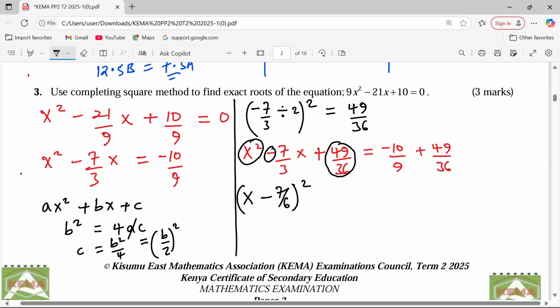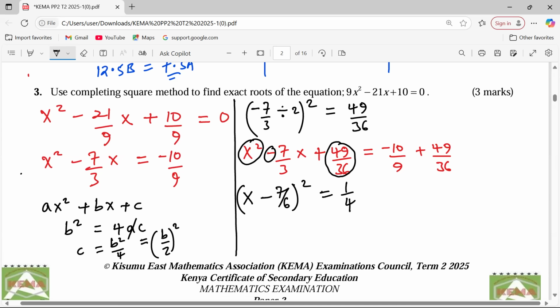In case we expand x minus 7 over 6 squared, we shall obtain x squared minus 7 over 3 x plus 49 over 36. The right side is negative 10 over 9 plus 49 over 36, and I'm getting 1 over 4.